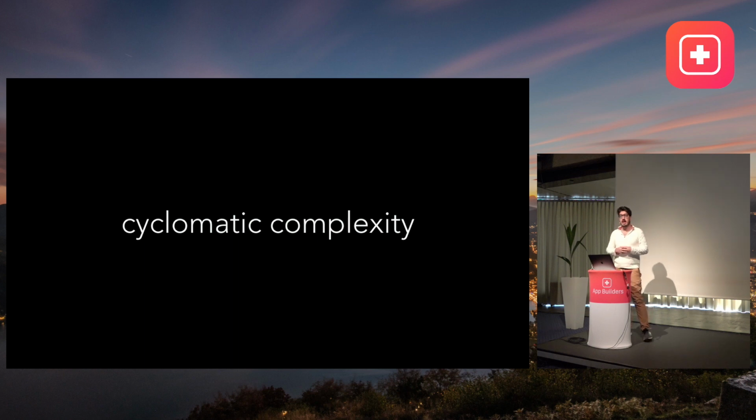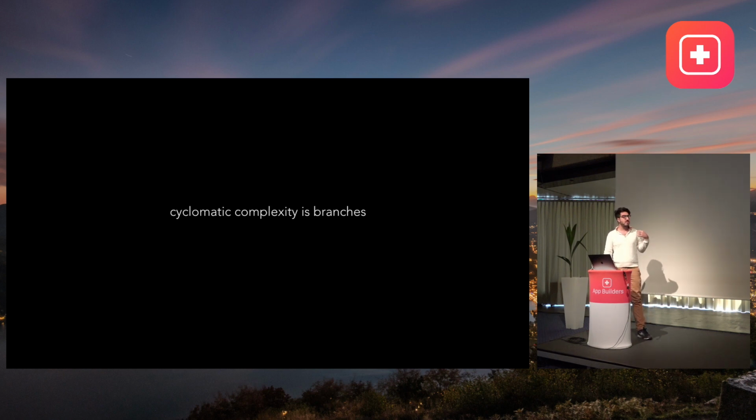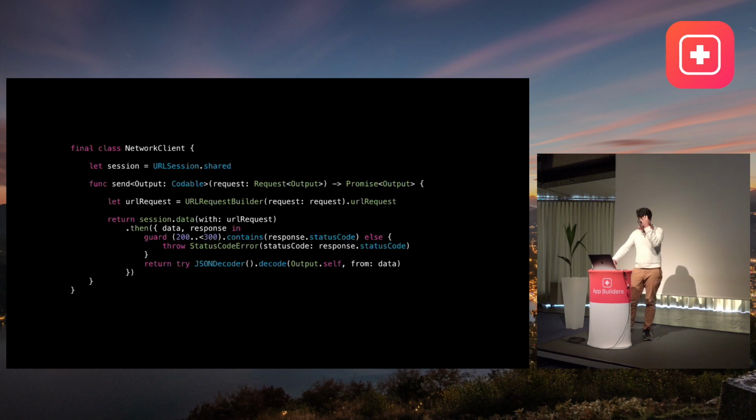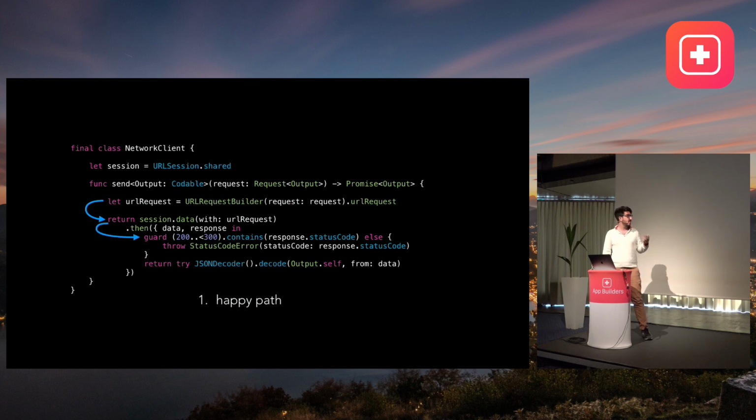Another way we can look at how much this code is doing is this big fancy word: cyclomatic complexity. What cyclomatic complexity represents is how many branches your code has. So this class that we're looking at here, how many branches does it have? Well, let's walk through it. We've got the first branch, which is the happy path. This is just everything goes normally. So you create the URL request, you send it, you check the status code, seems fine.